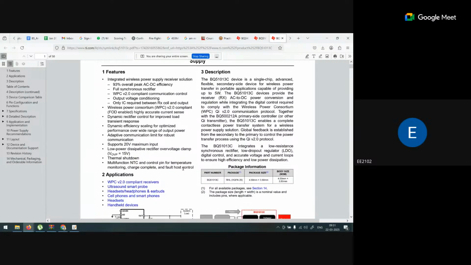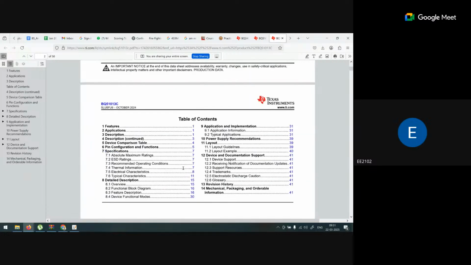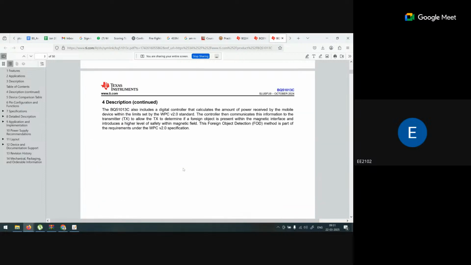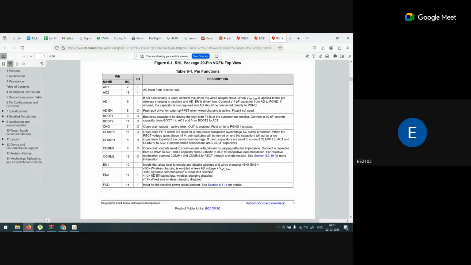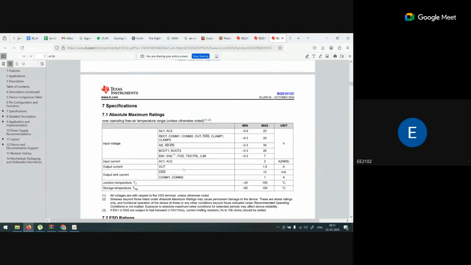Okay, so this is the second data sheet. It provides me the maximum current.